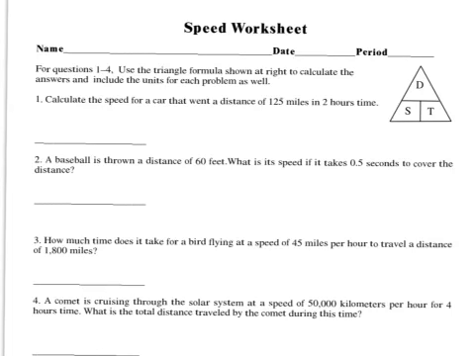So number 1 says calculate the speed for a car that went a distance of 125 miles in 2 hours time. So if we say distance is, I'm just color coding for your benefit, blue, and time is green, maybe we'll give speed red. So right now we have a distance, we have time, we need to figure out the speed.